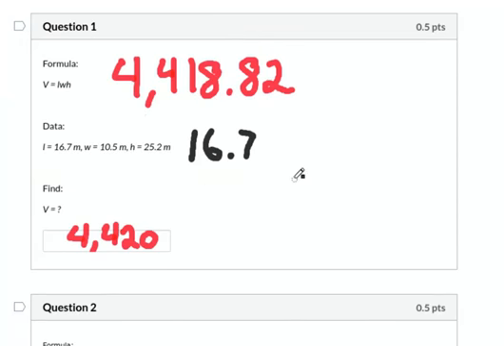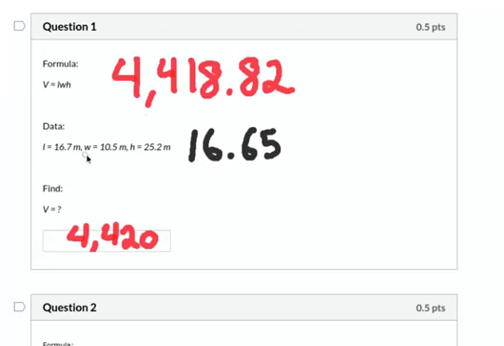But the true value could be 16.70, or it could also be maybe 16.74821. Or maybe this is just the closest I could get with my ruler, to the nearest tenth of a meter. And so it could be that the actual value is 16.65.